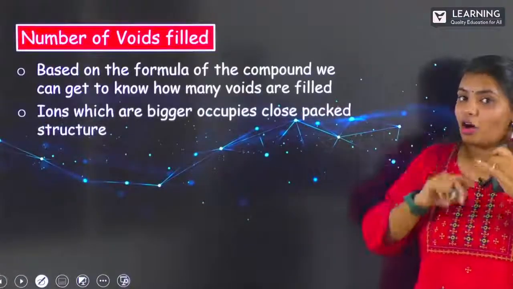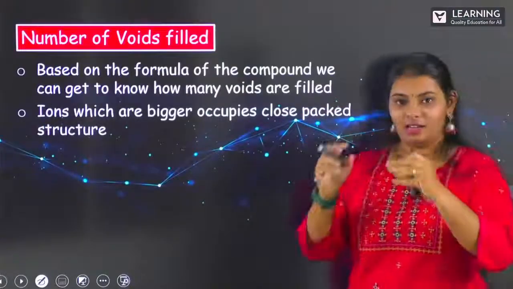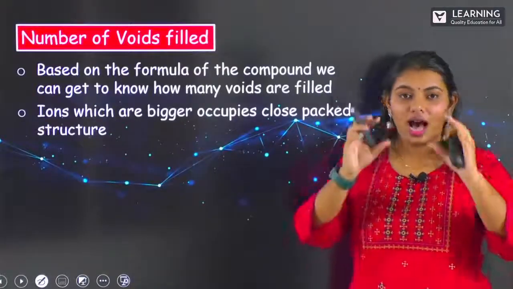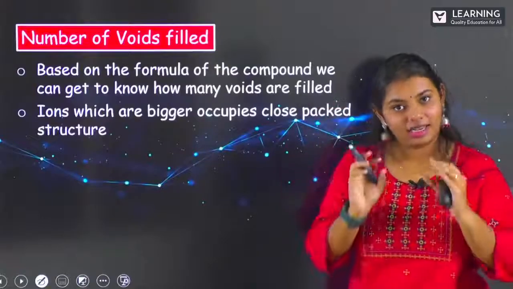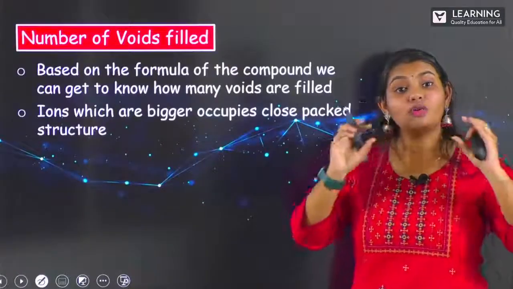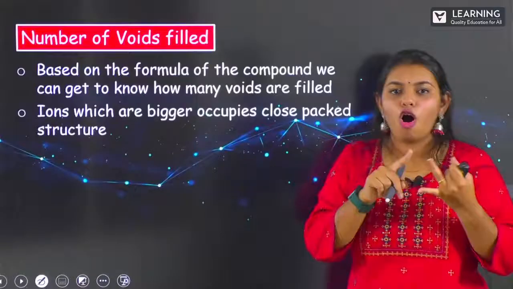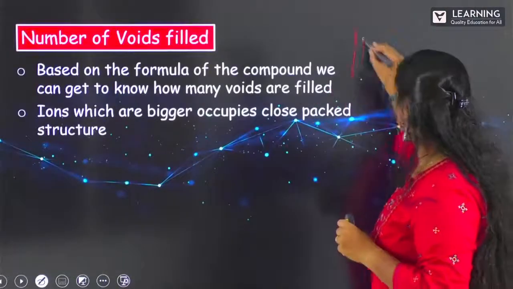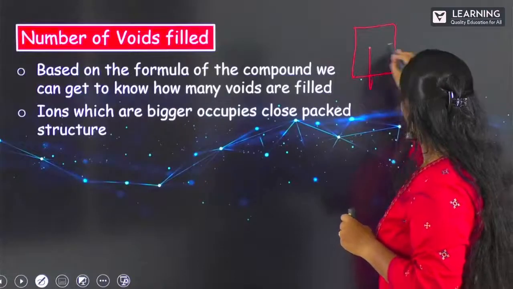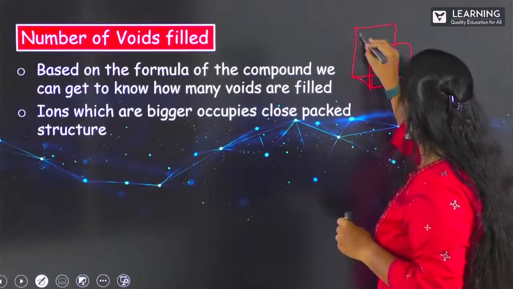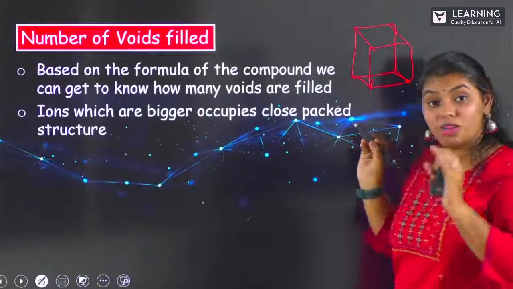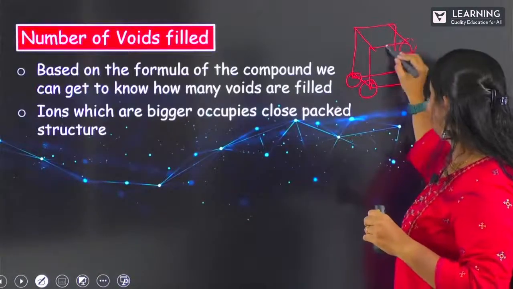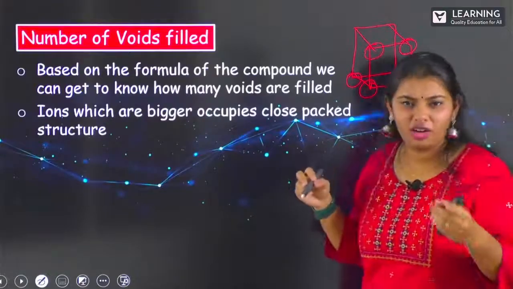Now, the constituent particles, whatever they are, are being filled in the crystal lattice, correct? These constituent particles can be atoms or ions. As I mentioned previously, the spheres will either be filled with atoms or with ions.